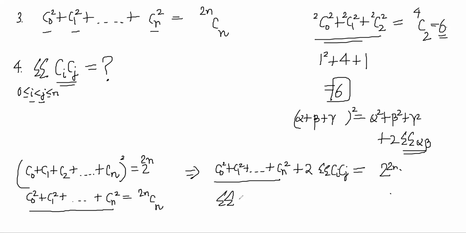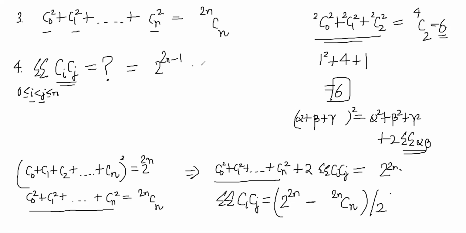So this double summation Ci Cj should be equal to 2 power 2n minus 2n Cn, divided by 2, right? This becomes 2 power 2n minus 1 minus half of 2n Cn. Correct? You are understanding how we got it, no? You can check it for some small values and see if it is working out or not.